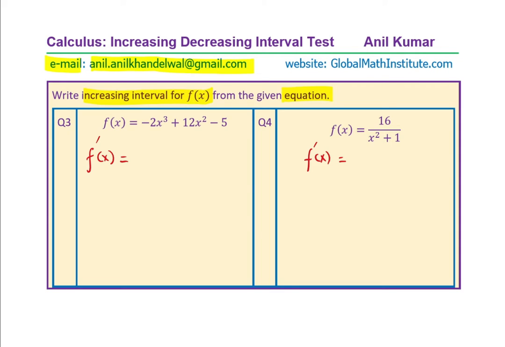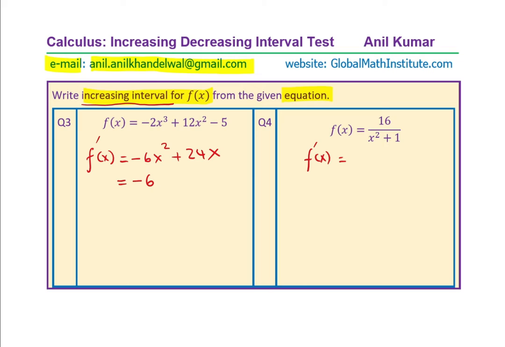Okay, now the third and fourth questions. These are relatively simple. You want the increasing interval, so the derivative should be positive. Let's find the derivative first. It is minus 6x squared plus 24x, right? Now what is common?